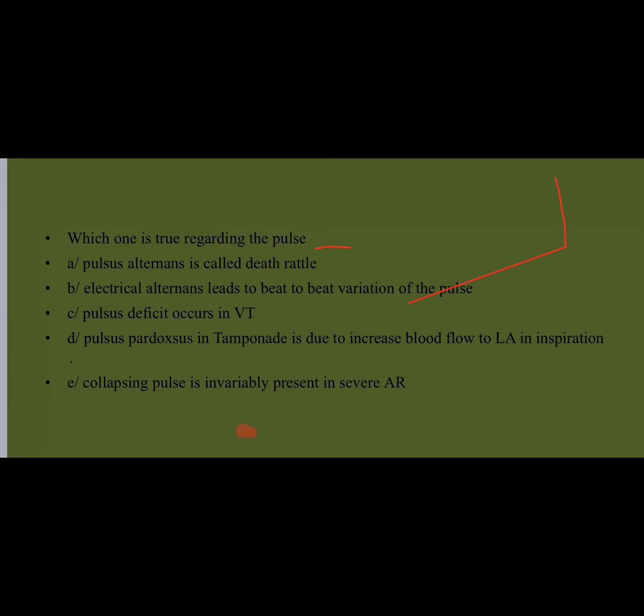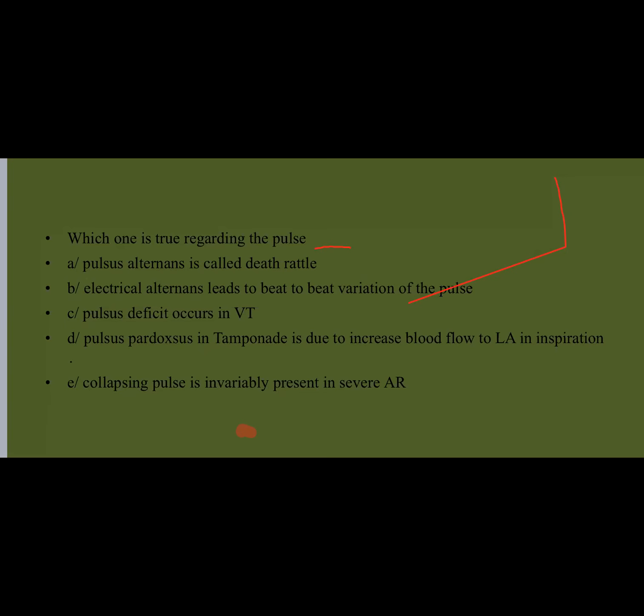Exactly. So pulsus alternans, which is the beat-to-beat variation, they call it death rattle because it reflects severe LV systolic dysfunction and the poorest prognosis. Usually, the patients who have pulsus alternans are terminal class D heart failure hooked to inotropic support and so on. That's why they call it death rattle.